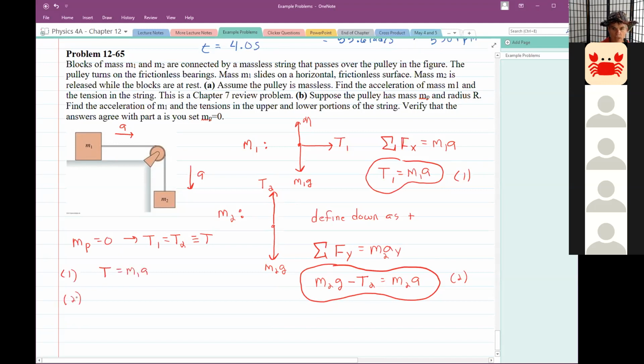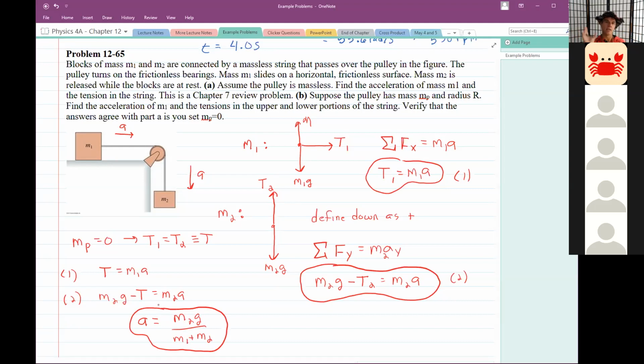Equation 2, I can write as M2g minus T equals M2a. Then I have 2 equations with 2 unknowns. I solve for these, and what you're going to get is the acceleration is M2g over M1 plus M2, where M2 is the mass that's hanging off the end. So this is pretty much how we did it if the pulley is massless.